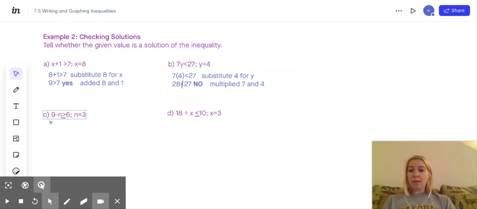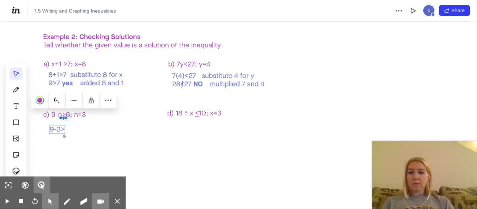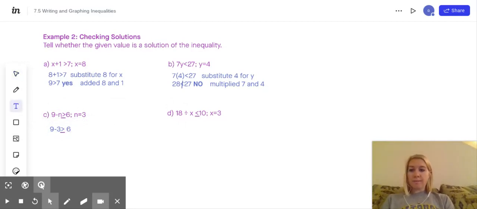Okay, let's look at problem C. That says 9 minus n is greater than or equal to 6 when n equals 3. First, we know what n equals, so we're going to substitute 3 for n. So it's going to read 9 minus 3 is greater than or equal to 6.